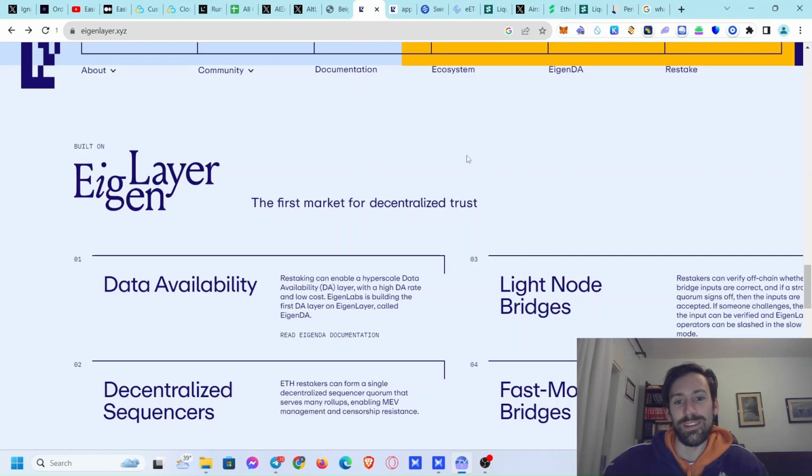And most importantly, we still have time to participate in this potential airdrop because Eigenlayer is raising their caps on February 5th. But we don't have to wait for February 5th to restake with Eigenlayer because we can employ strategies that we're going to talk about today. And you can also stay until the end of the video to see a really advanced strategy that you can use to really maximize your yield.